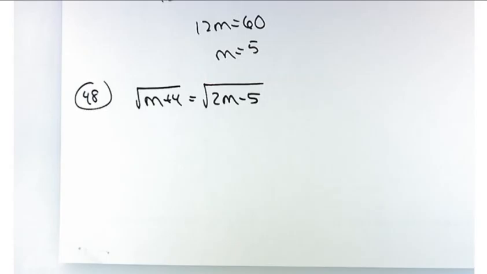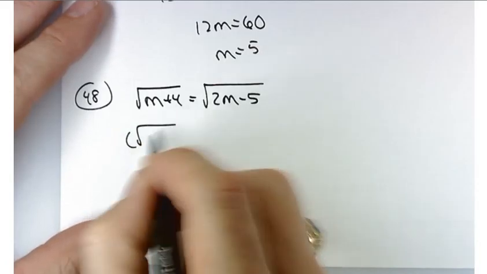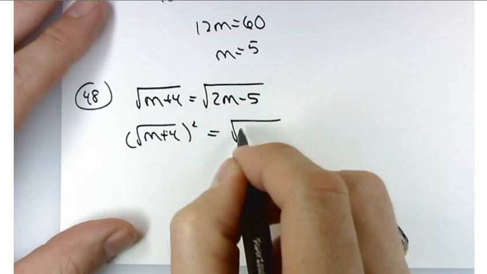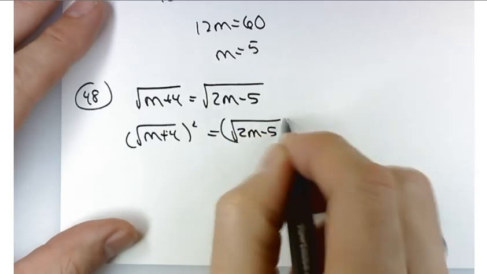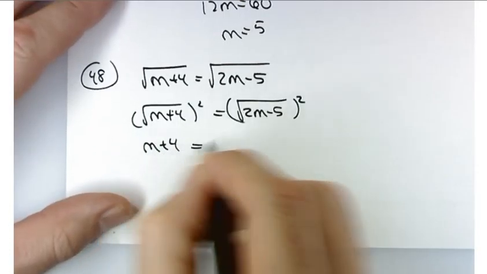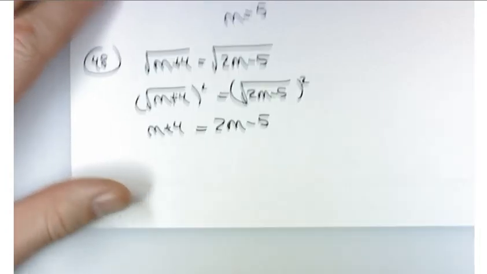Square both sides. All right. So when I square both sides, Mitchell, what equation do I get, please? Spot on. All right. I think he was ready for that one.